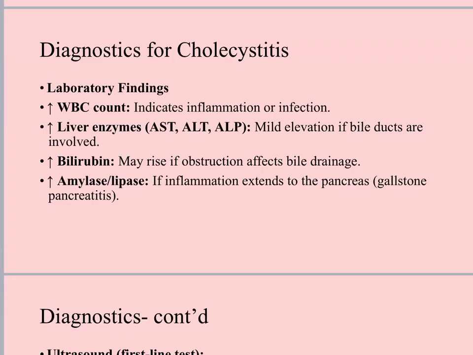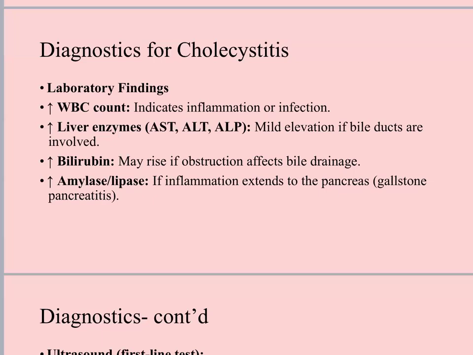But if it's not flowing through the gallbladder, then that bile stasis is going to put back pressure on the liver, and that is going to damage the hepatocytes. And remember, when hepatocytes are damaged, they release those liver enzymes. So you can see elevation in those.